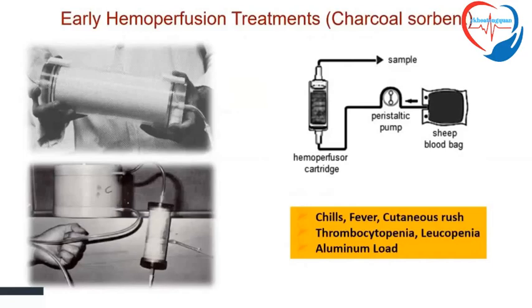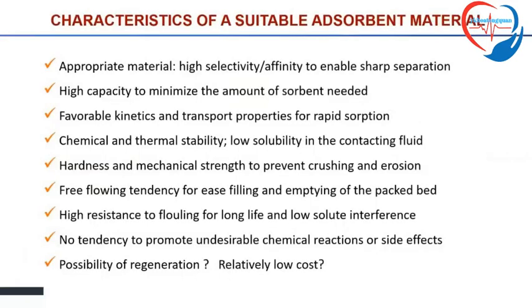In the very early experience, we did hemoperfusion with charcoal as a sorbent, and there were several different side effects induced by the poor biocompatibility of the sorbent. So you see that chills, fever, cutaneous rash, and thrombocytopenia are quite common in this case.